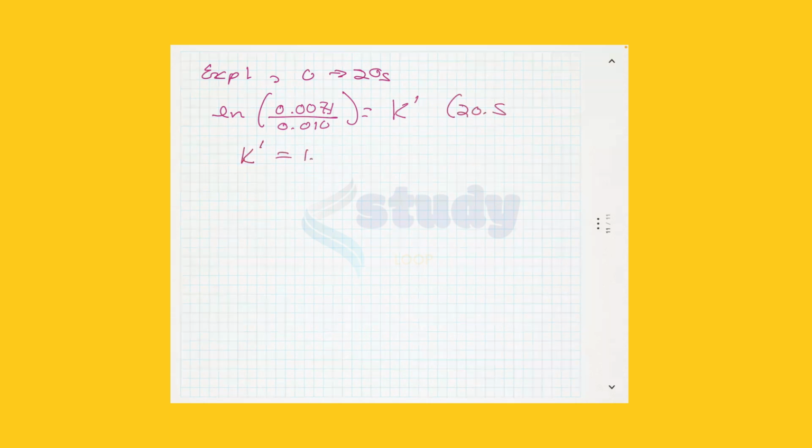Let's use experiment 1, 0 to 20 seconds. So we're going to take the ln of 0.0071 divided by 0.010. This will equal k prime times 20 seconds, and our k prime will equal 1.7 times 10 to the minus 2 s to the minus 1.